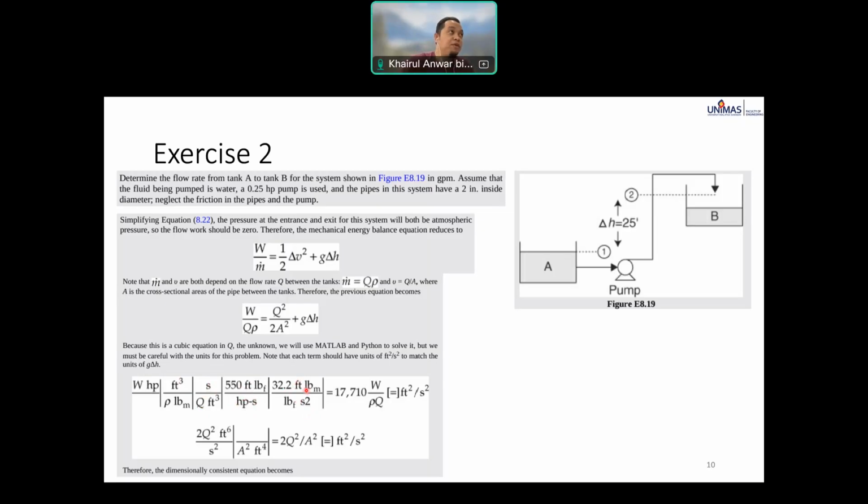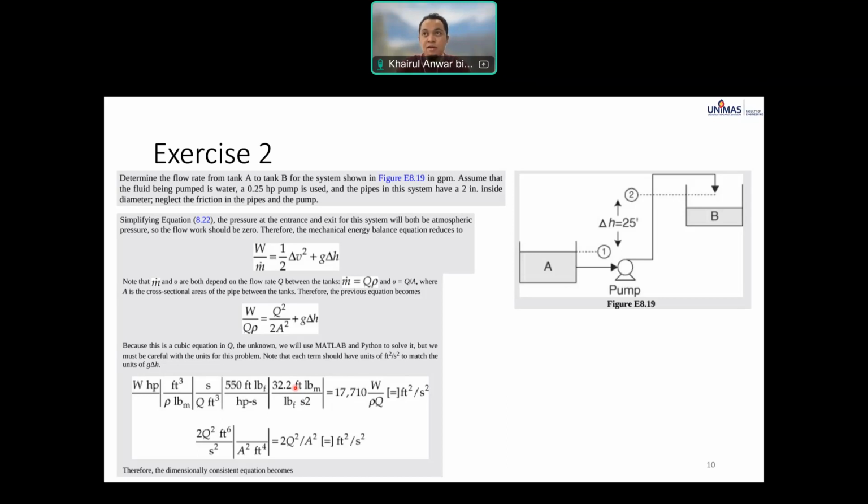But for SI units, you don't have to use the gravitational constant. You may refer to the elementary chemical engineering book.